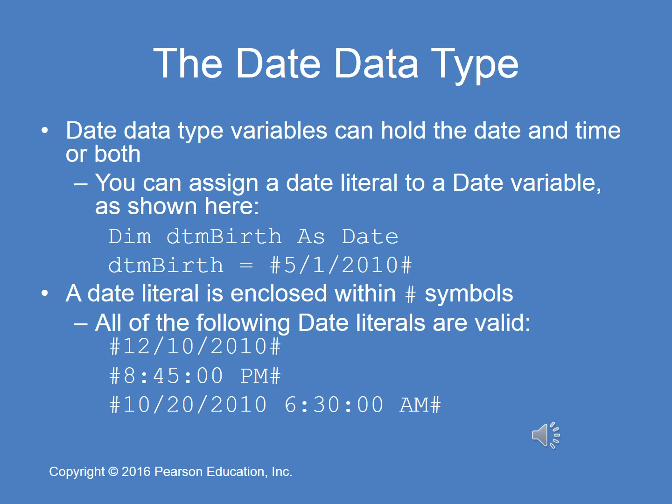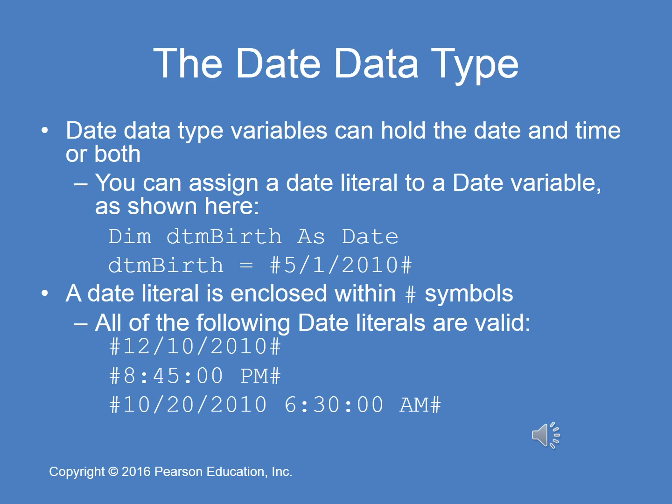Next, on to a somewhat more sophisticated data type, the date data type. Date variables can hold the date and the time, or both. You can assign a date literal to a date variable using the following syntax.